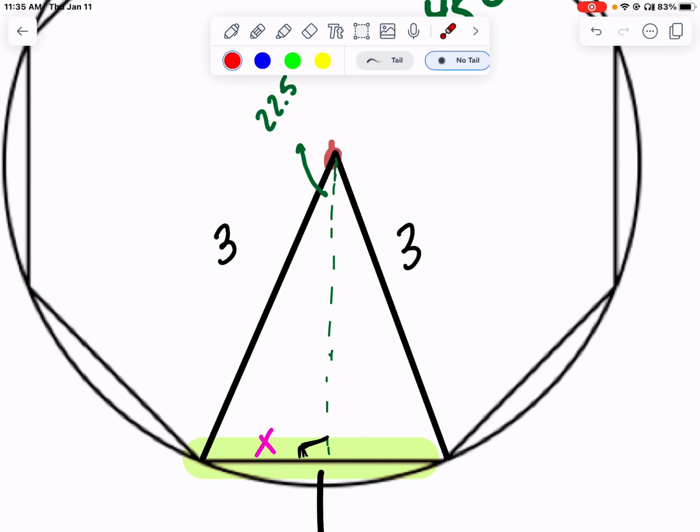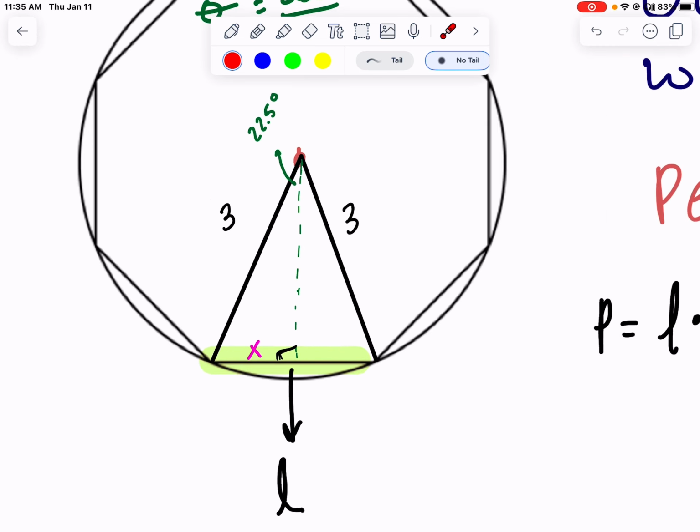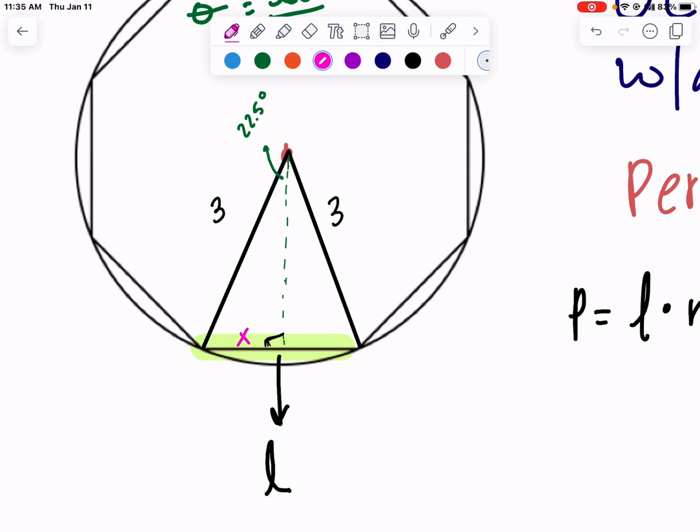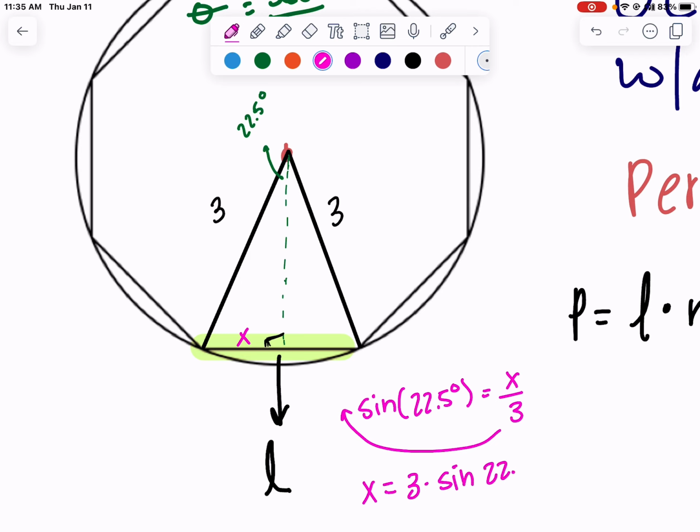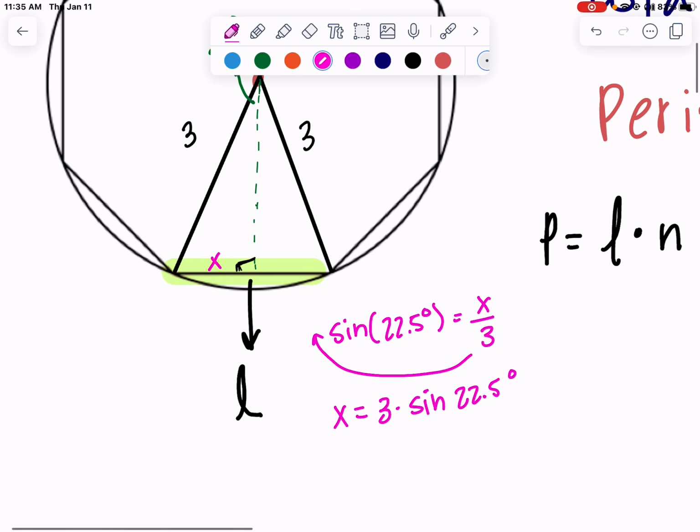I want my opposite, I have my hypotenuse, which means I can use the sine function. So I can say the sine of my angle is going to be equal to x over 3, and I can multiply this 3 up to the other side. So x is equal to 3 times the sine of 22.5 degrees.